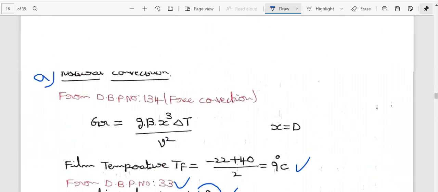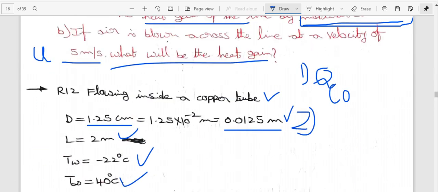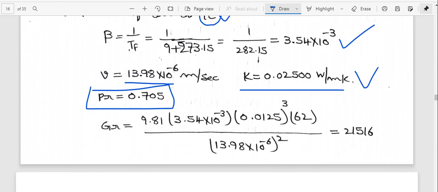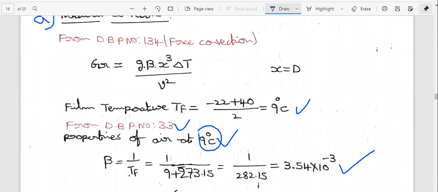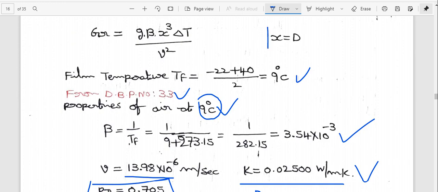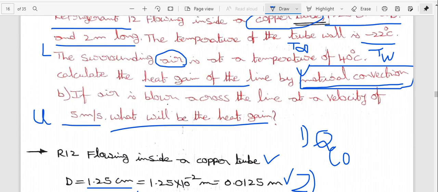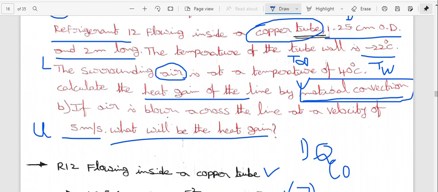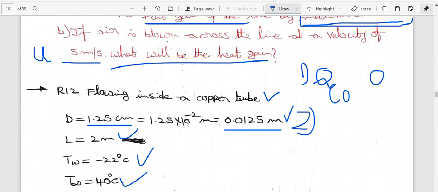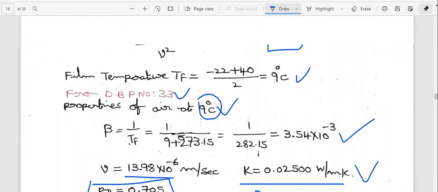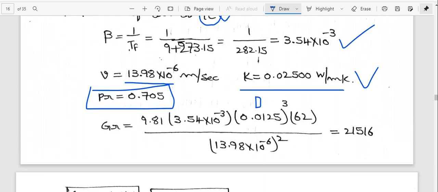In this problem x equal to diameter, because the copper tube is a cylindrical object, so we substitute the diameter value.